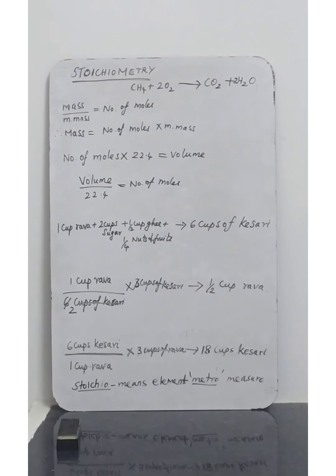Now, what is meant by a balanced chemical equation? In another word, that is nothing but stoichiometry. So stoichiometry is one of the methods of balancing the chemical equation. The definition: it is the method of quantitative relationship between the reactants and the products in a chemical reaction or equation.